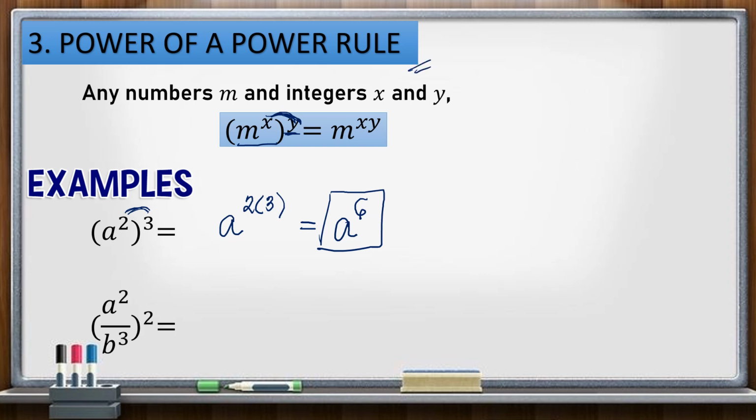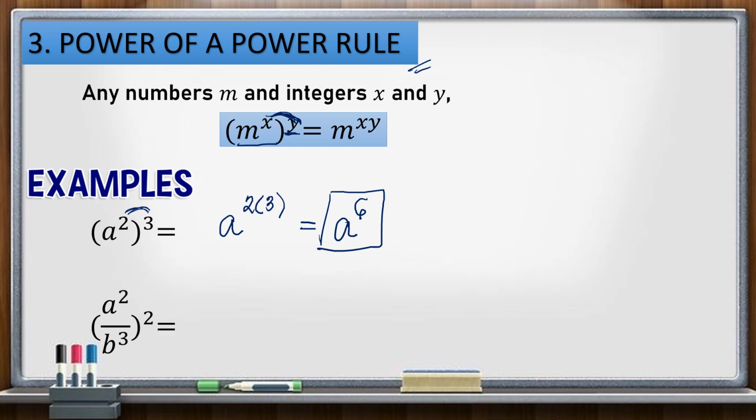Okay, another one, we have here the quantity of a squared all over b raised to 3 raised to 2. So, as you can see, we have here our numerator and our denominator. So, you have to multiply the exponents of your numerator and exponent of your denominator by 2. Okay?